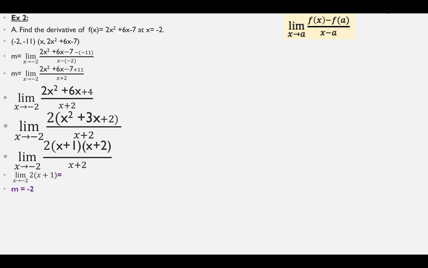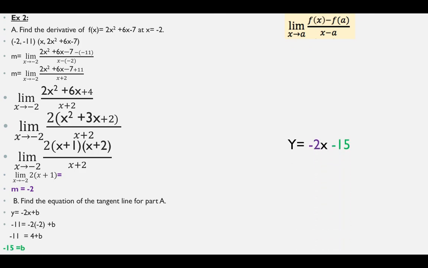I'm going to go ahead and take that negative 2, plug it into my y equals mx plus b equation. Then I'm going to take the point, negative 2 comma negative 11, plug it in here to find the b. And then, sorry if stuff is in the way, but what I get when I solve for b is negative 15. So the equation of the tangent line for this right here is this.